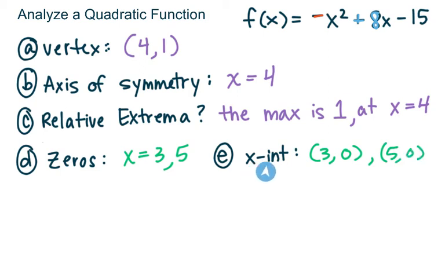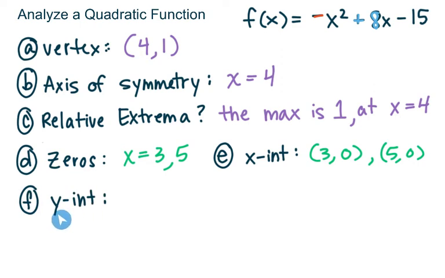An x-intercept is an ordered pair, so you're going to state (3, 0) and (5, 0). The y value is always 0 for the x-intercept. And that was what we just solved. We said f of x equals 0, which is the same as y equals 0. So these are my two x-intercepts.